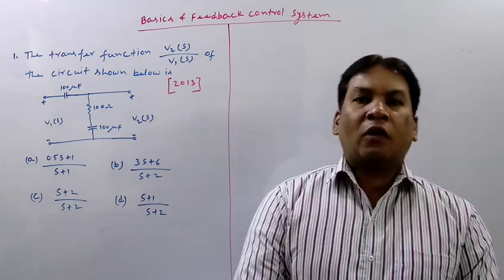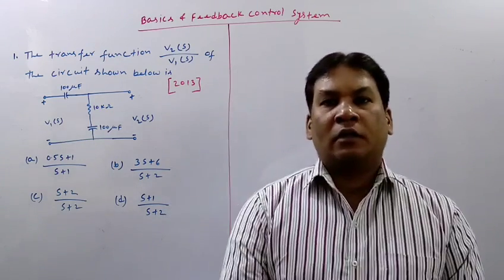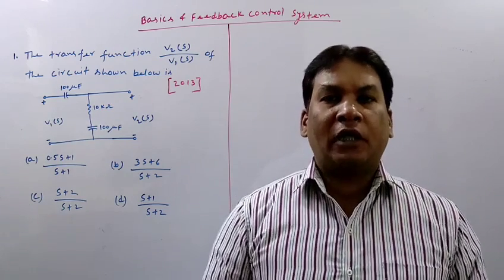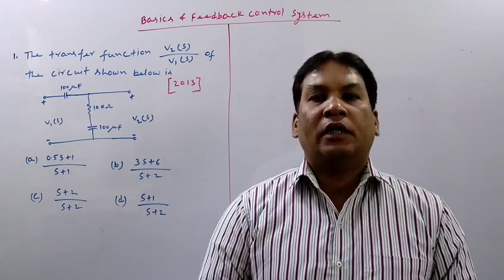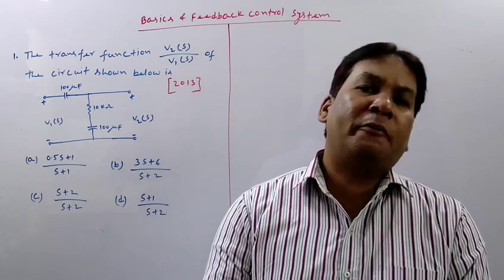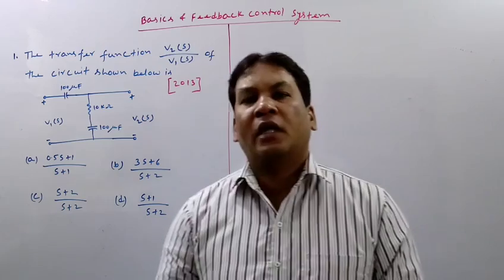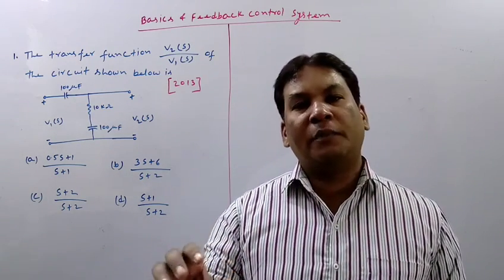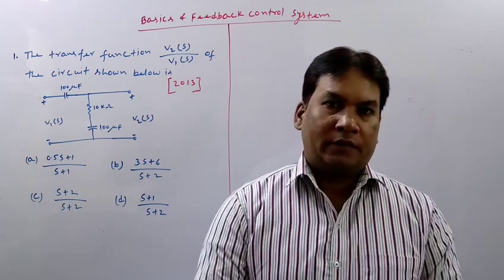So there are so many types of control, and according to the type of control strategy, we subdivide it into different groups. Like suppose we are controlling the speed of a fan.